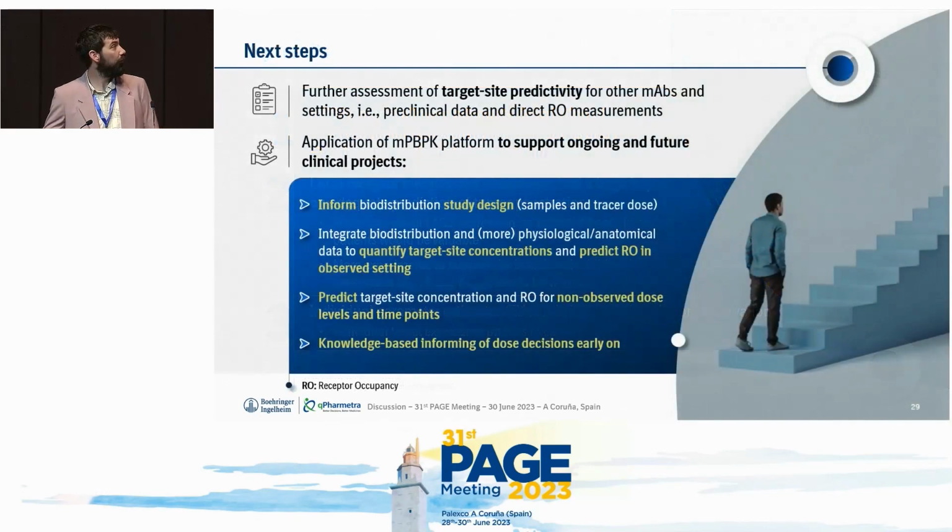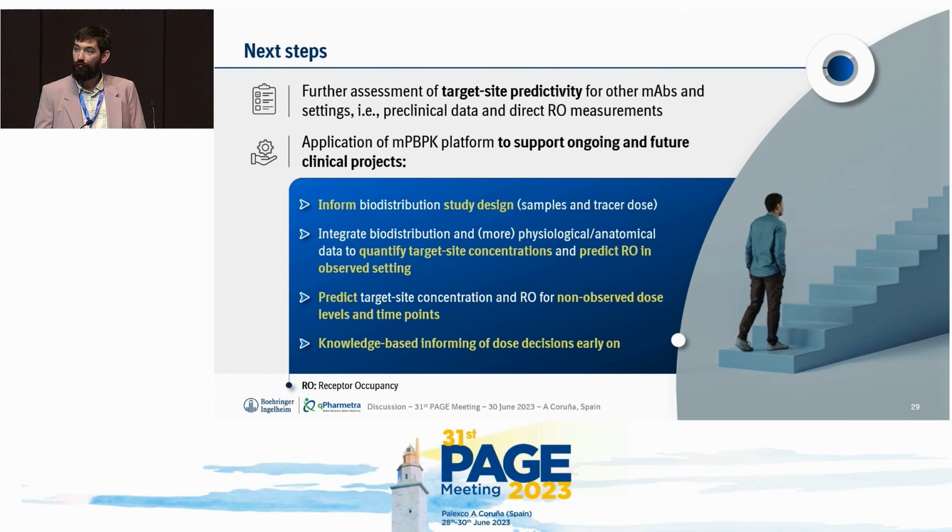Next steps that are ongoing are really testing this framework a little bit more. We're using other compounds, some a little bit simpler, some a little bit more complex. And we're also looking at preclinical experiments where we can actually directly measure receptor occupancy in order to show whether this framework is working and actually doing a good job. The results of this, I would invite you to come in November to ACoP, and there we will show you how this is going.